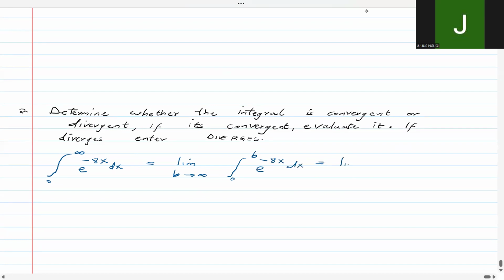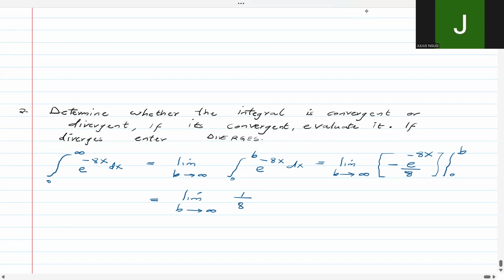So this should be the same as evaluating it. We have, as usual, the integral, then you divide by minus 8, that is, times minus 1 over 8, and the limits of integration are from 0 to b. Now plugging in 0 and b, you have this limit as b approaches infinity.